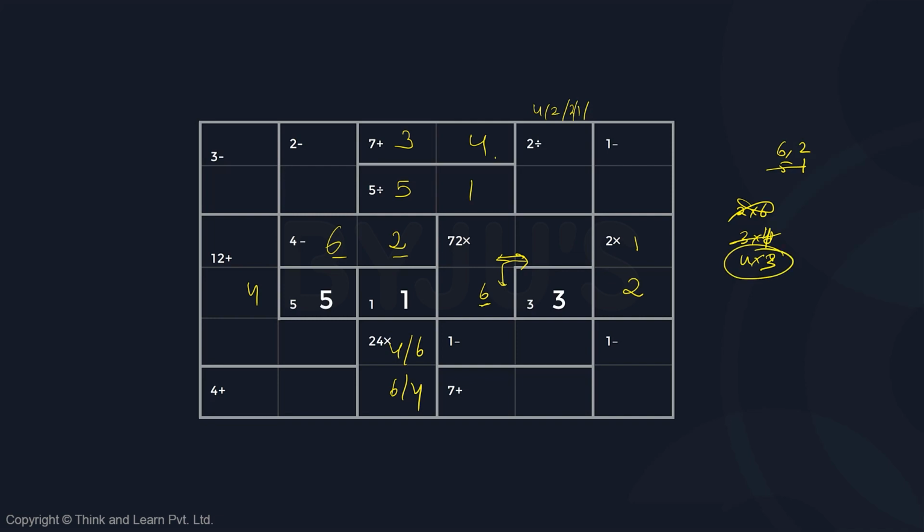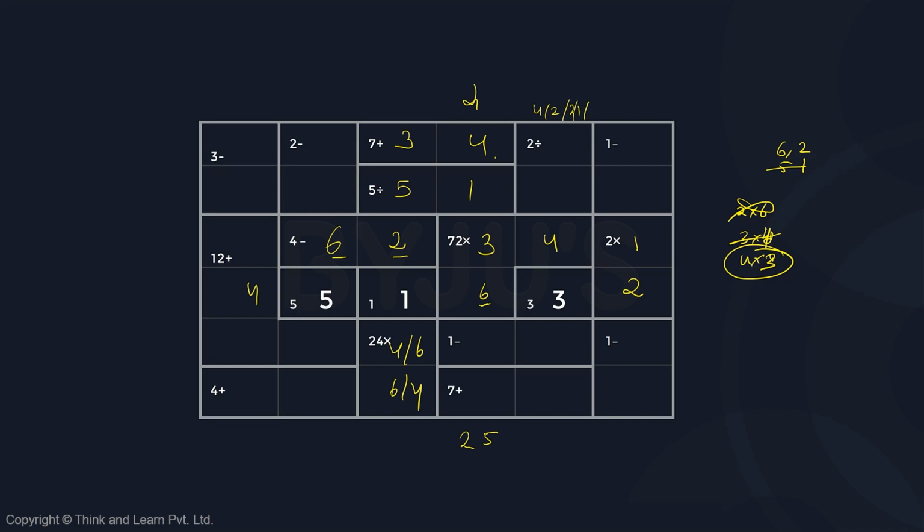Can I say the only possibility is 3 into 4, so that the product is 12? Now because 3 is already here, it has to be 4 here, and 3 there. Right? Okay, now in this column, 2 is left and 5 is left.